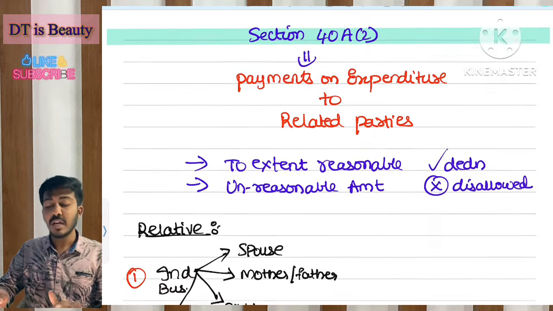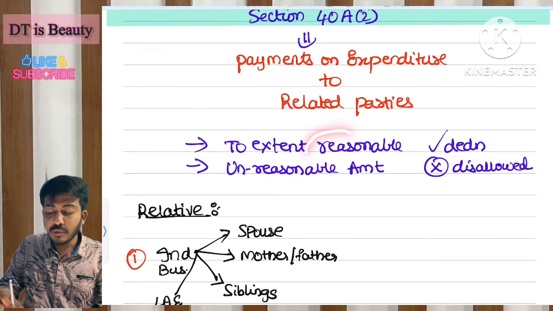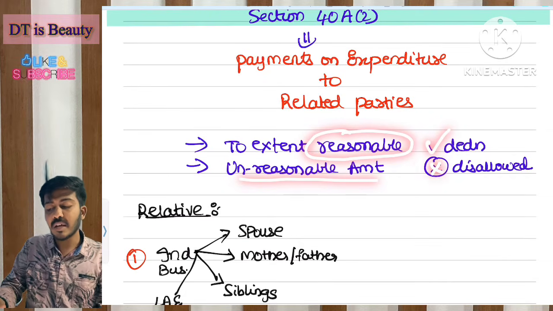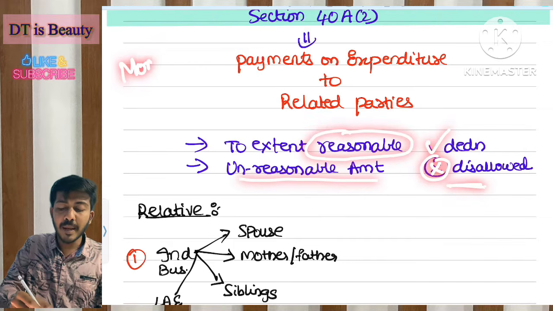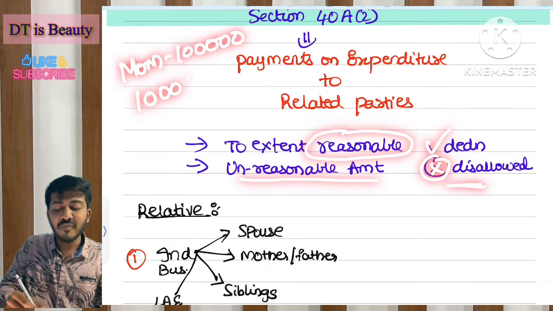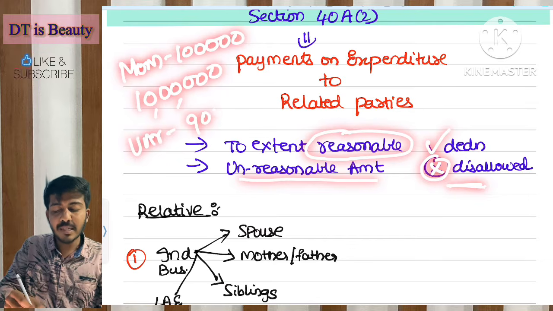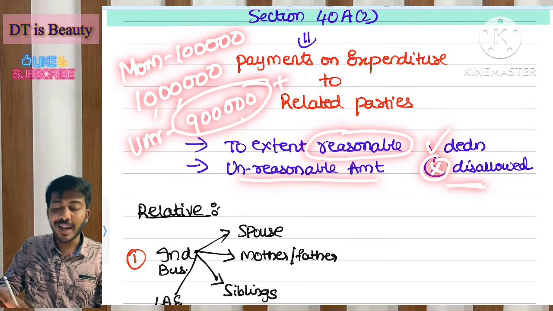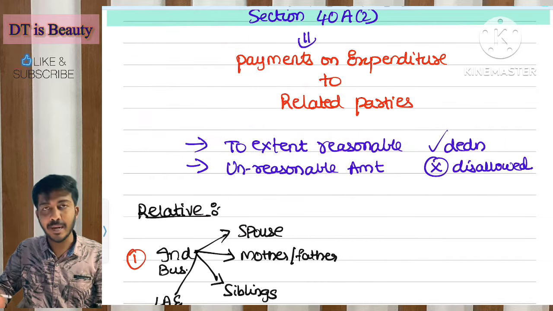This section says that only to the extent reasonable can you take as deduction. To the extent unreasonable, it should be disallowed. In my case, I called my mom for 1 lakh worth assets. She is selling it for 10 lakhs to me, which means unreasonable is 9 lakhs, which is a fake boosting. Correct or wrong?